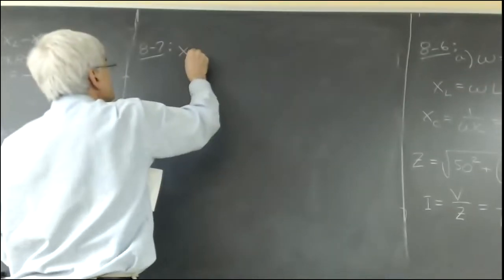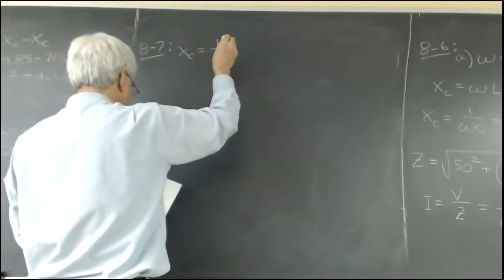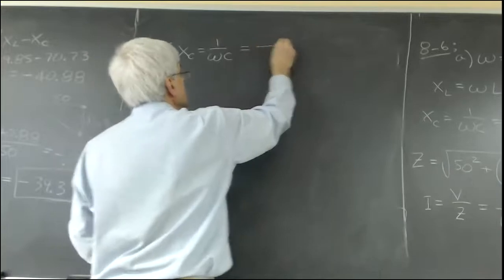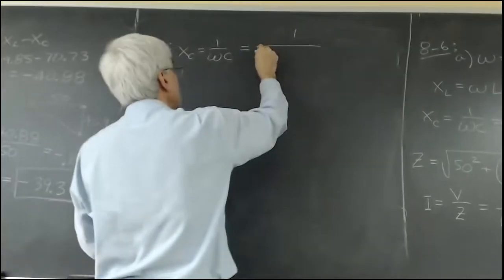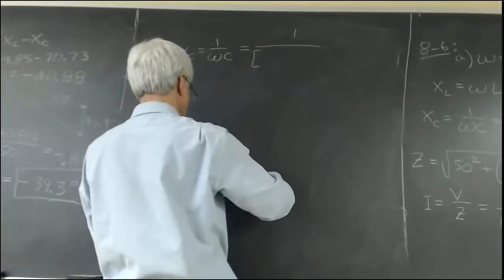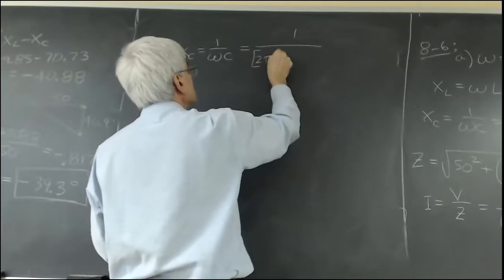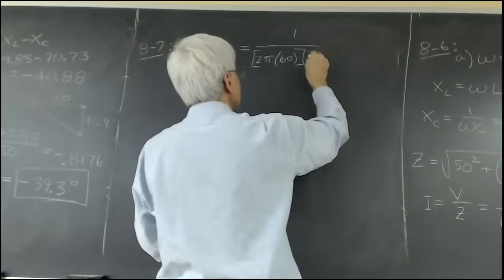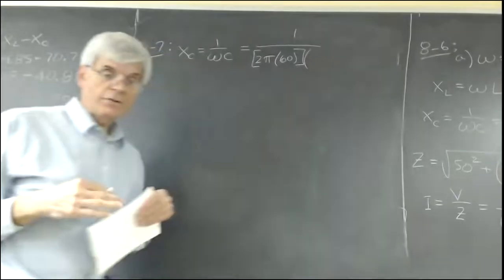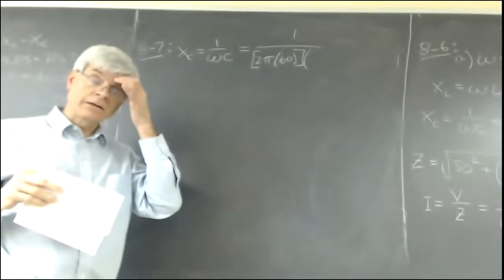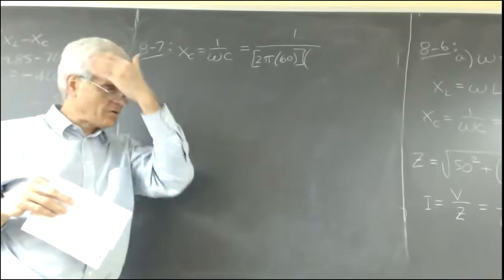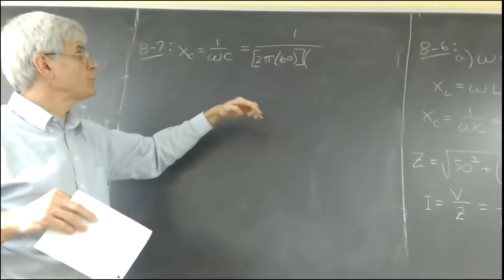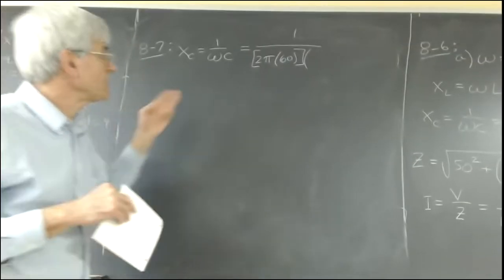XC is 1 over omega C. Omega is 2 pi f. If you don't happen to remember from that earlier example that 2 pi times 60 is 377, you have to calculate 2 pi times 60 to get omega.